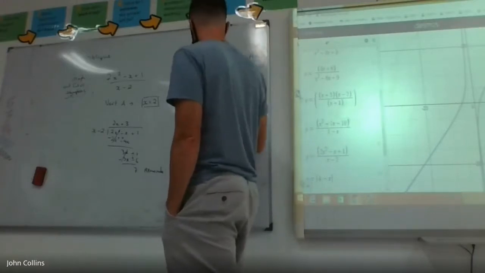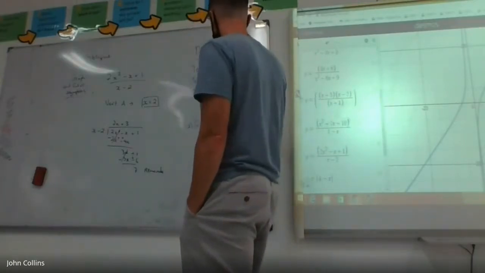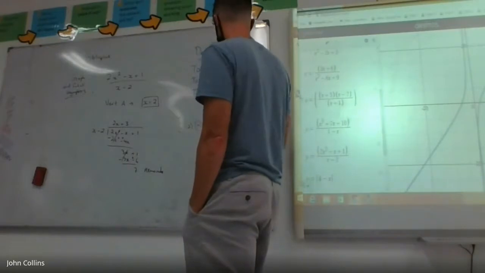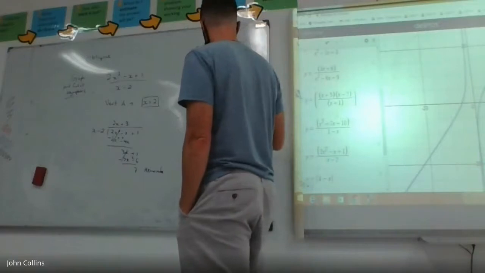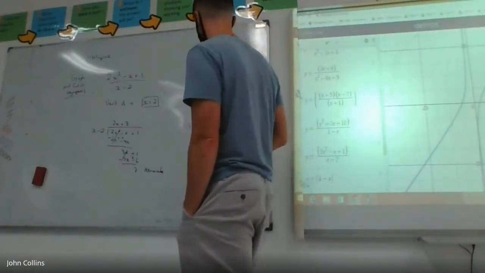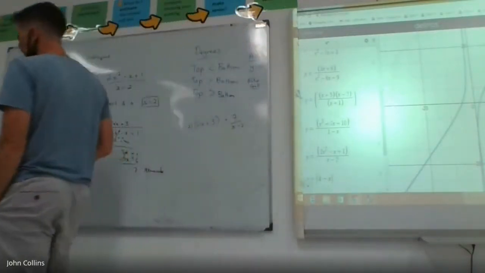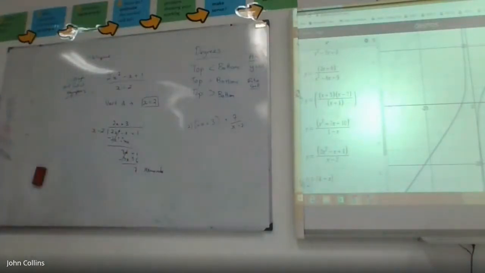Can we write it as that, what you're saying? Yeah, just add 7 divided by what you can divide it by, x minus 2. Put the remainder on top of the original denominator.